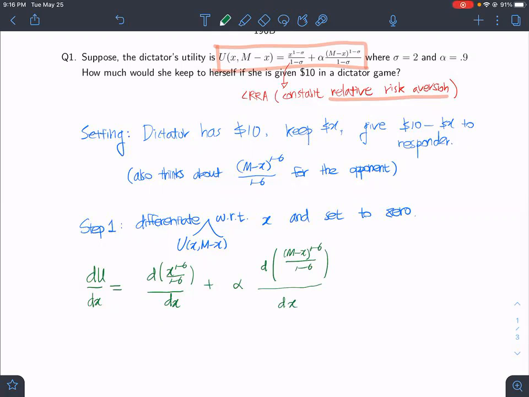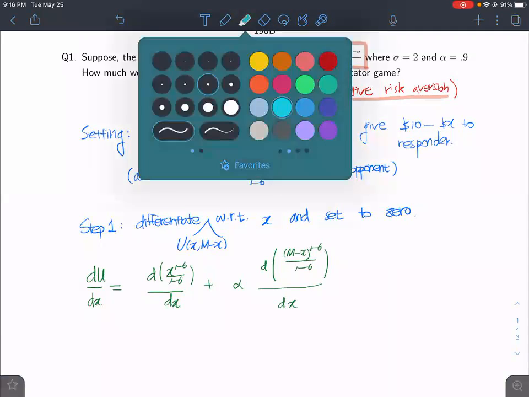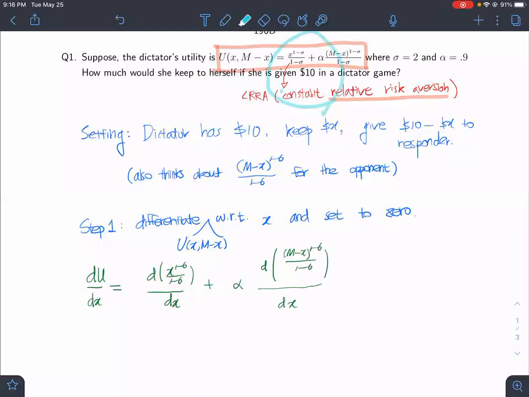For those of you who are wondering what I'm doing here, I was just putting these functions in here and putting in this differentiation sign. That's all I did. Nothing technical here. Any questions so far?